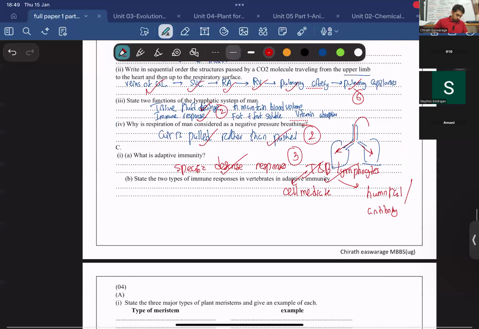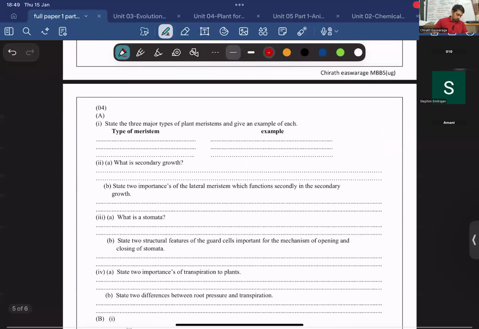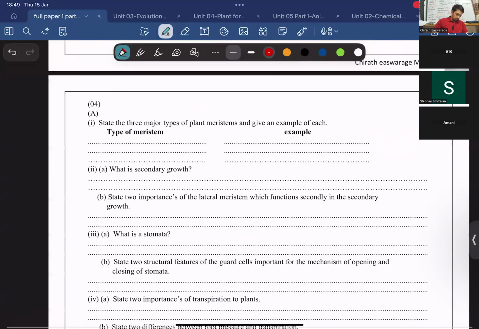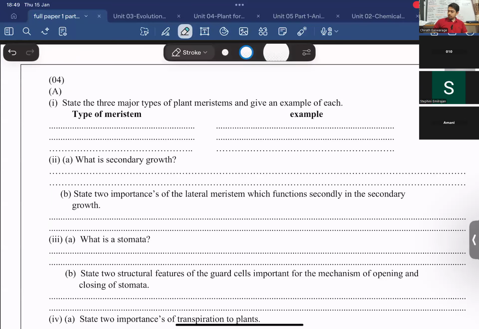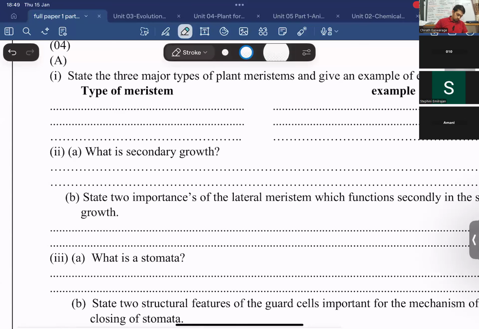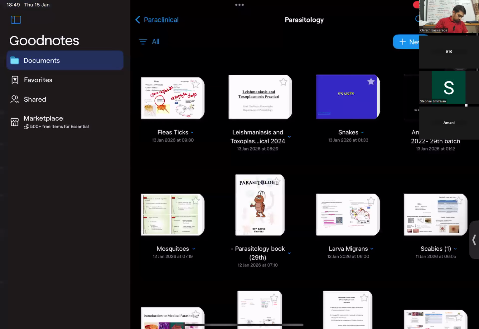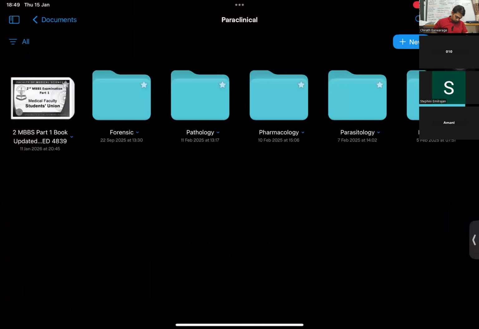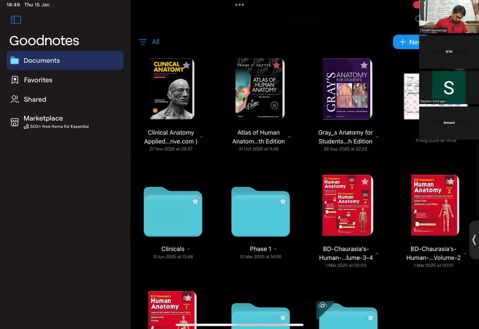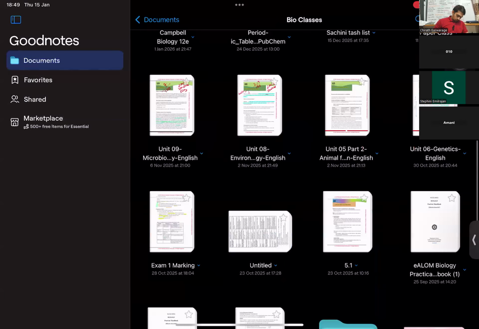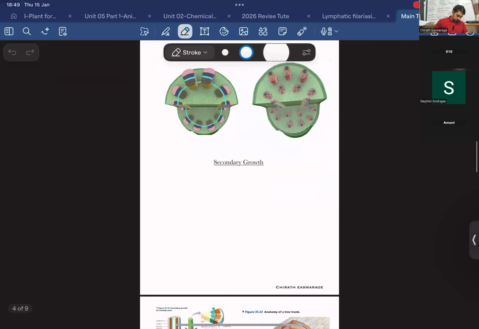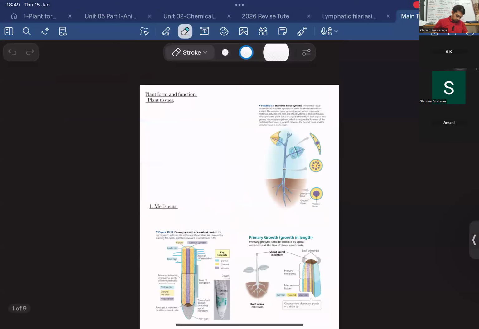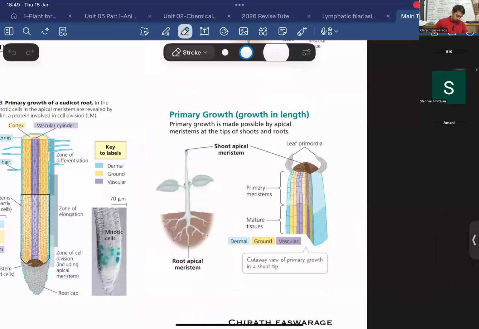Okay. Final question. State the 3 major types of plant meristems and give an example each. Meristems, right? What are 3 types of meristems that you have? You can see in this diagram some of the meristems.